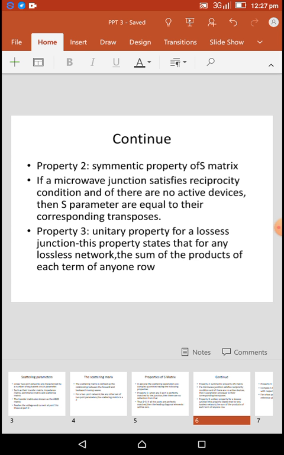Next, property 2, the symmetric property of the S matrix.